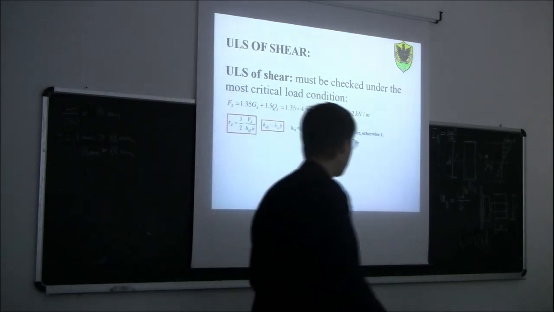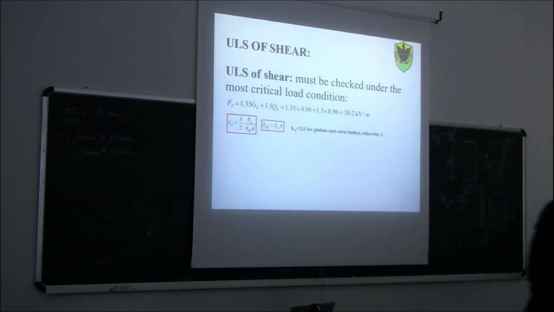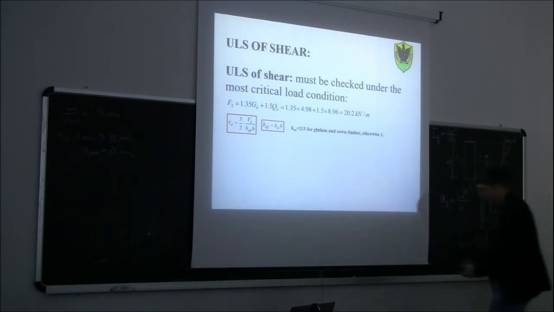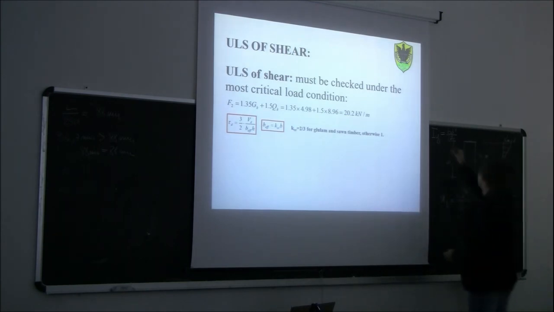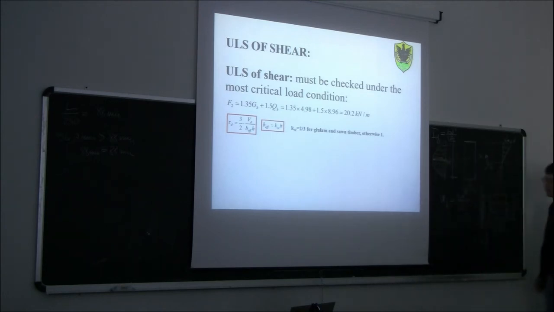Like we said before, we need to calculate the maximum shear stress using the Jourawski formula that you learned in structural mechanics. So you know that there is a parabolic distribution of shear stresses around the depth. The maximum shear is on the neutral axis above the support, where we also have the maximum shear force.